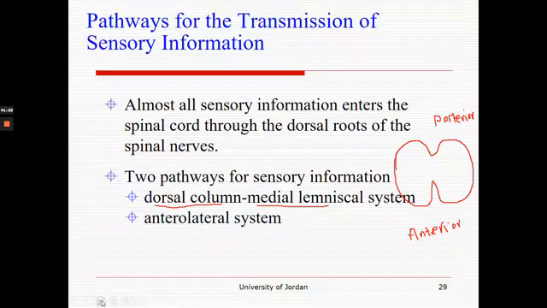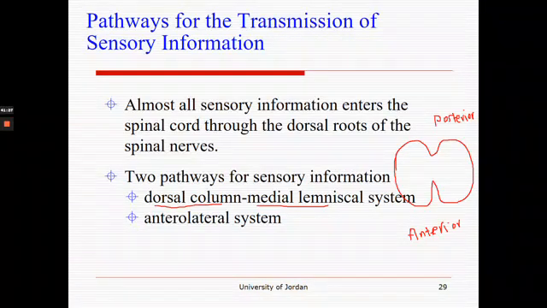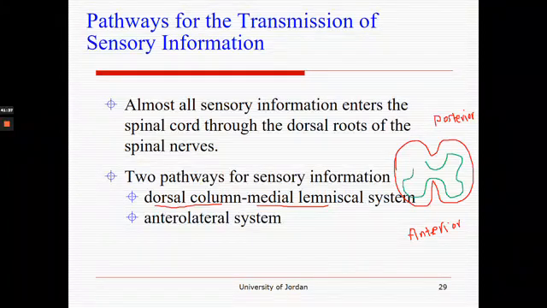Now the spinal cord has two kinds of matter. They have the gray matter here, gray, and white matter outside.